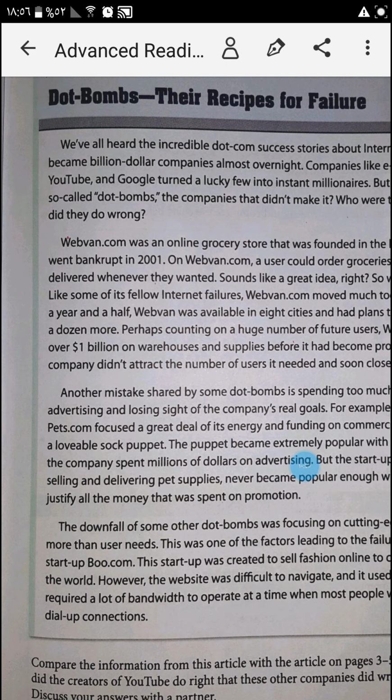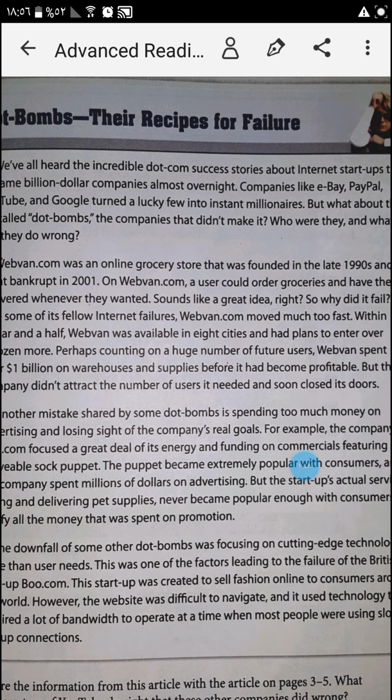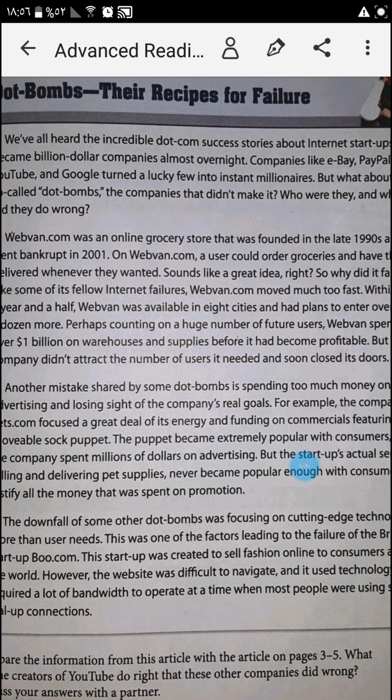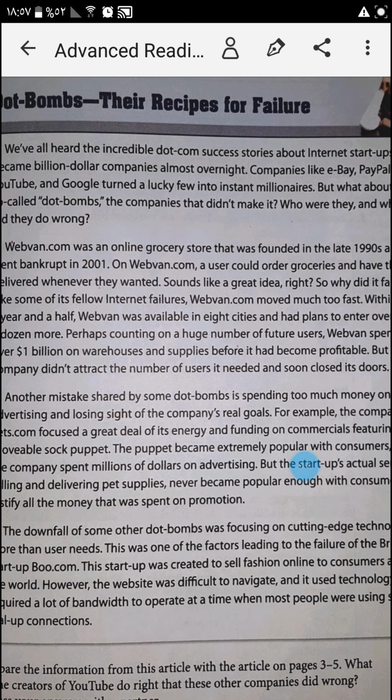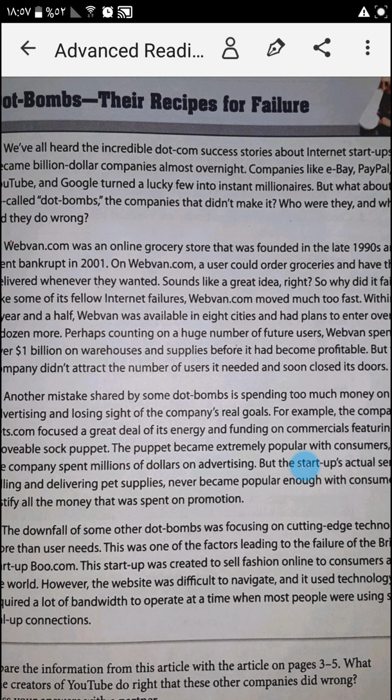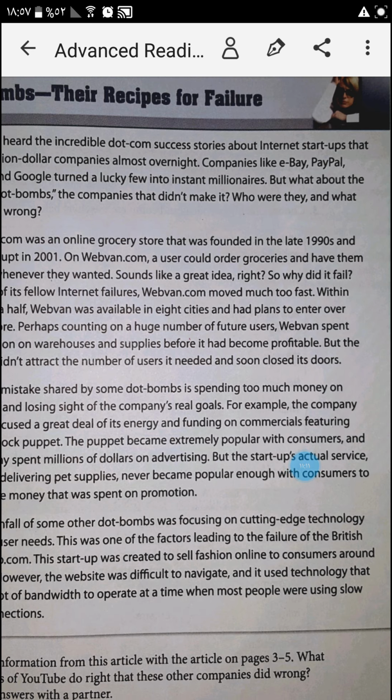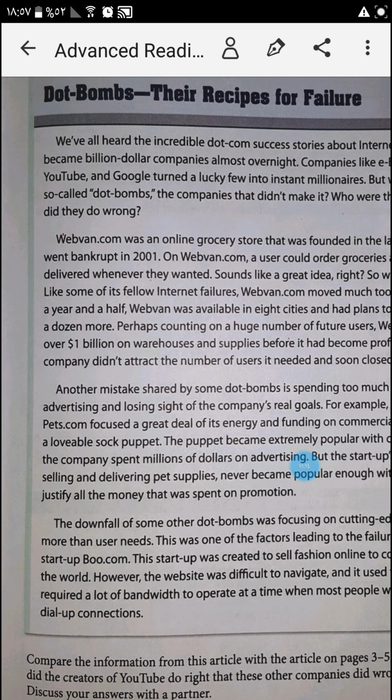Bankrupt, meaning it failed financially. So it started in the late 90s, that means maybe 1989 or 1999, and went bankrupt in 2001. On Webvan.com, a user could order groceries and have them delivered whenever they wanted. So this is the story.